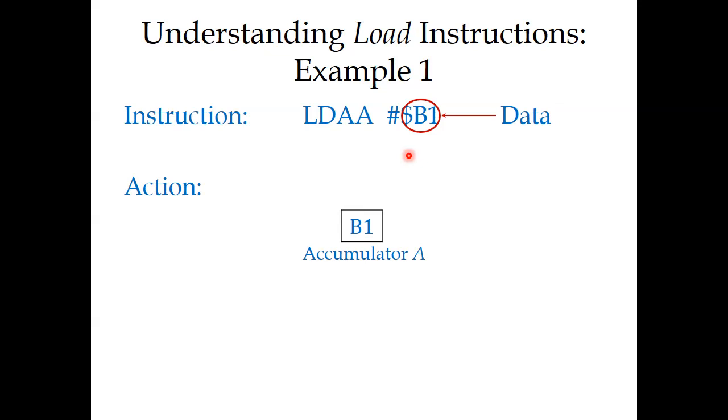You have the data, you load it directly, so you don't need the memory. You don't have to even look at what you have in the memory, since you already have the data and all you are doing is loading the data into accumulator A, which is 1 byte, and you have the 1 byte of data here.